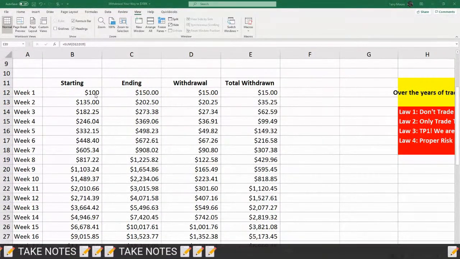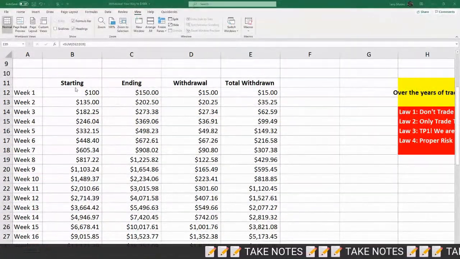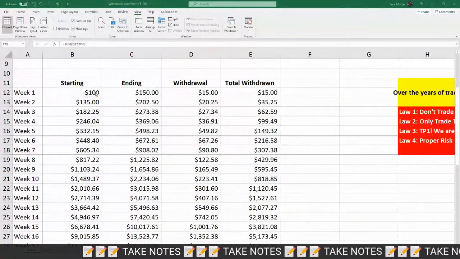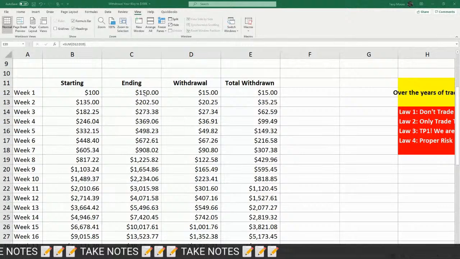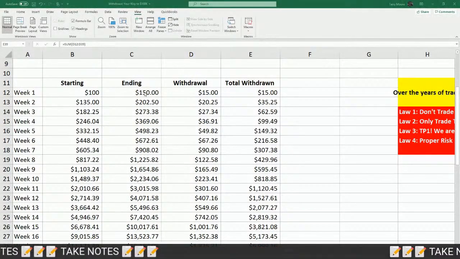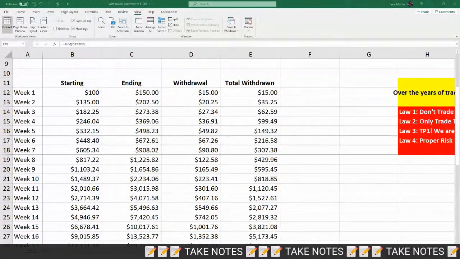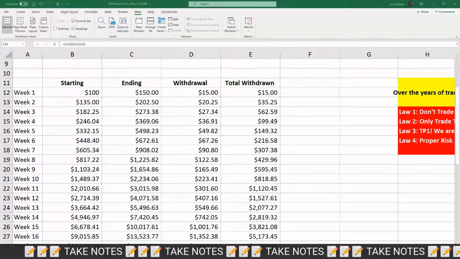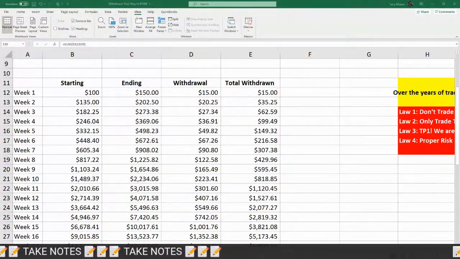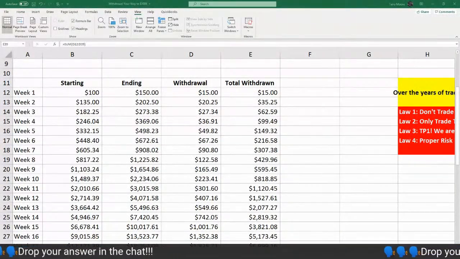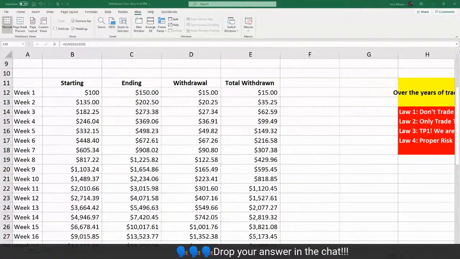So you take that $100 and you grow it by 50%. That 50% means that at the start of the week, you had $100. At the end of the week, you had $150. So let me ask you a question really quickly. If you put your $100 in your savings account, at the end of the week, how much money would you have in your bank account?